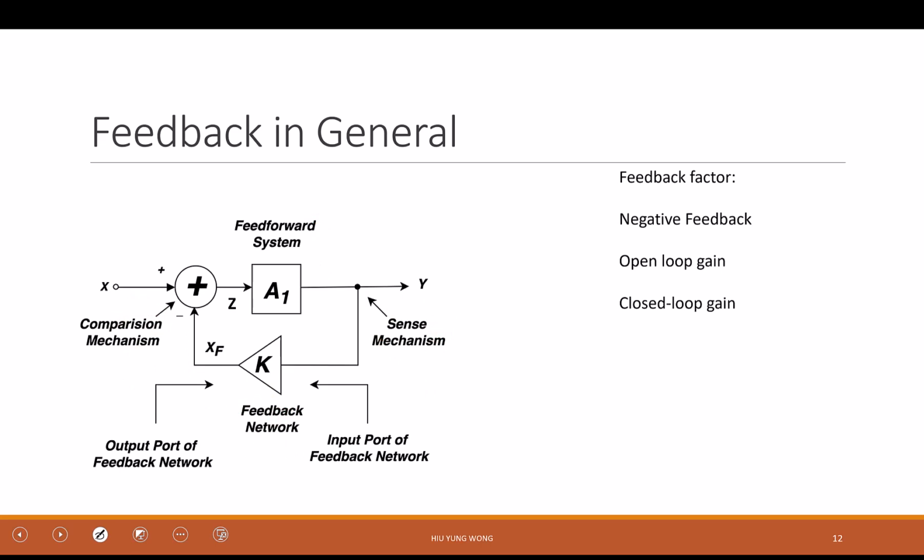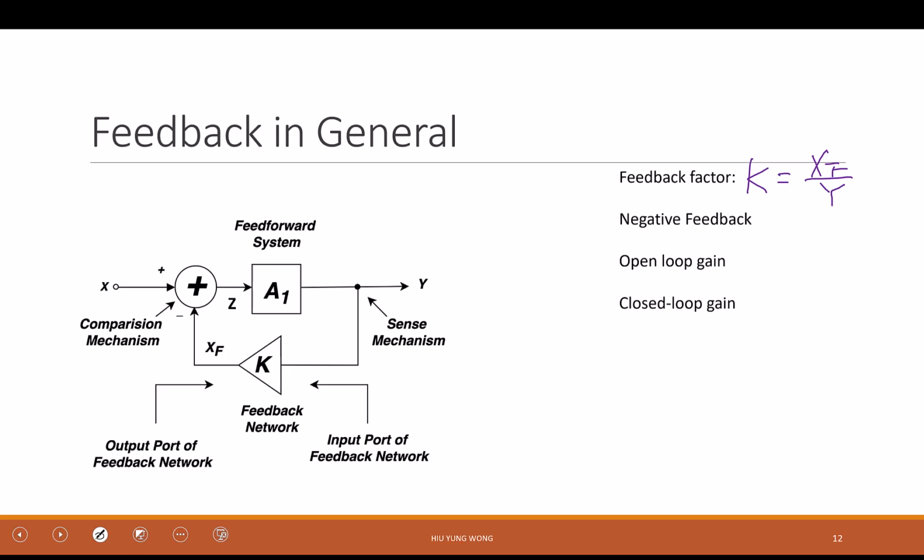So there's one quantity called the feedback factor. It's called K. It's defined as XF divided by Y. Okay? Whatever you have, I multiply by K, then I give it back as the feedback. Is this okay? Just a definition. And it's a very normal, reasonable definition.